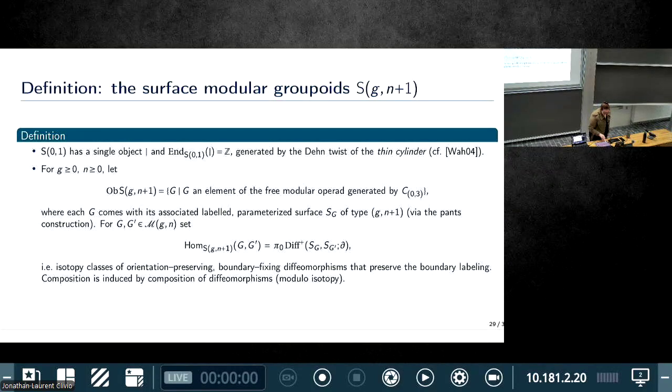And then for all other arrangements of g and n, I'm actually going to take the free modular operad generated by this guy, the genus 0 vertex. So I'm going to have genus 0 vertices throughout, and a bunch of basically trivalent graphs, but because it's a modular operad, I can also have things like this.